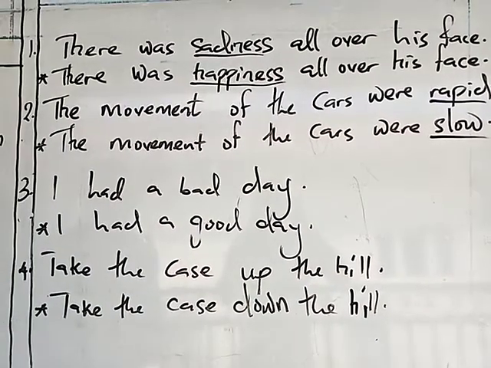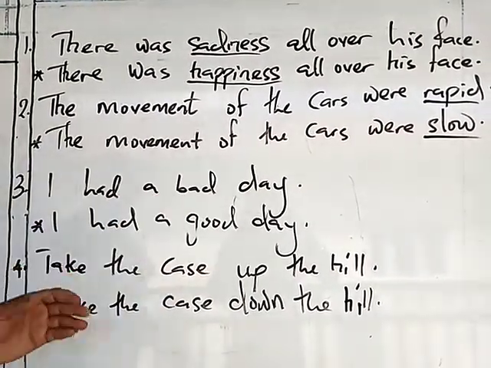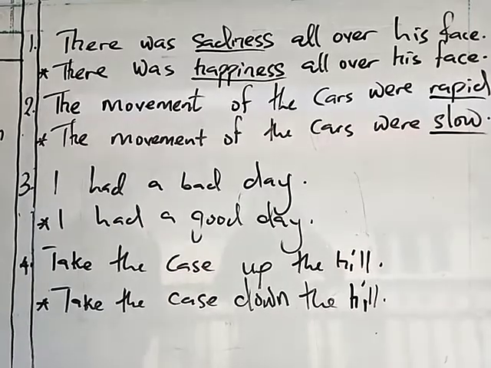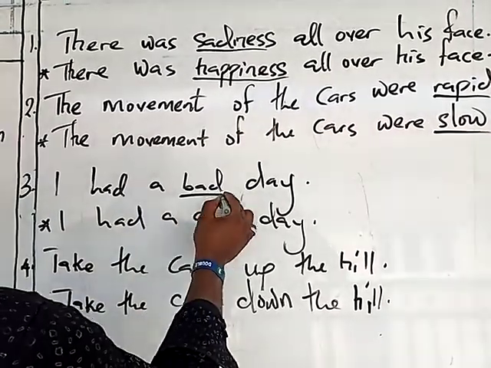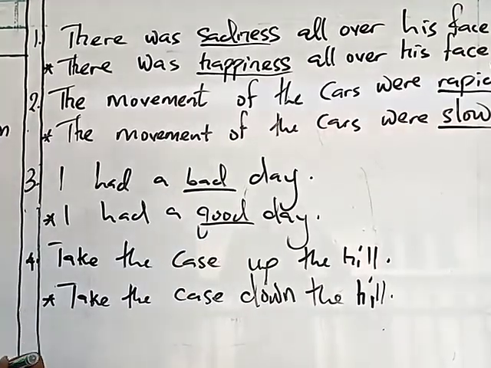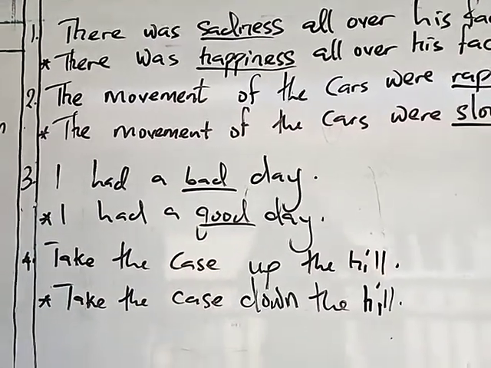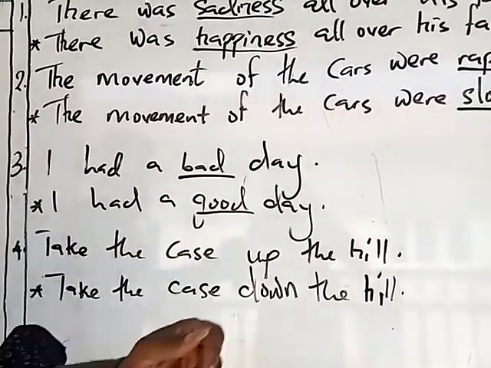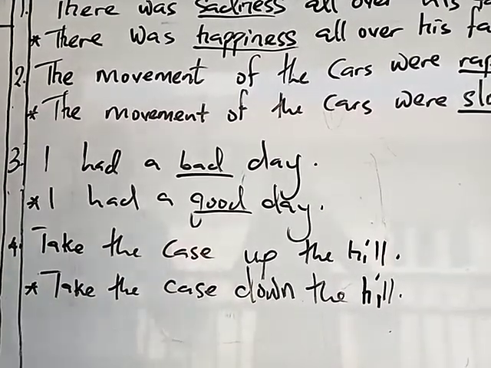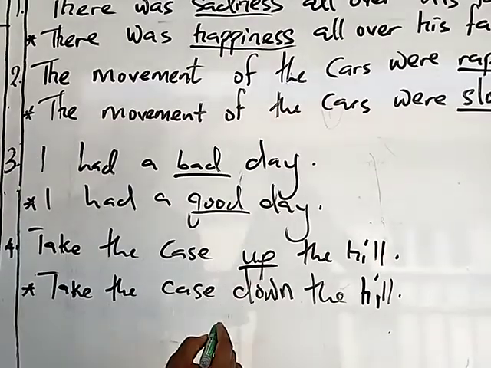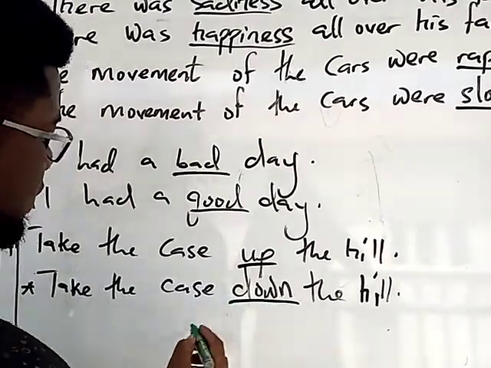Sentence 3: I had a bad day and I had a good day. Very simple, bad and good. Sentence 4: Take the case up the hill. Take the case down the hill. Simple. Up, and the opposite of up, which is the antonym, is what? Down.